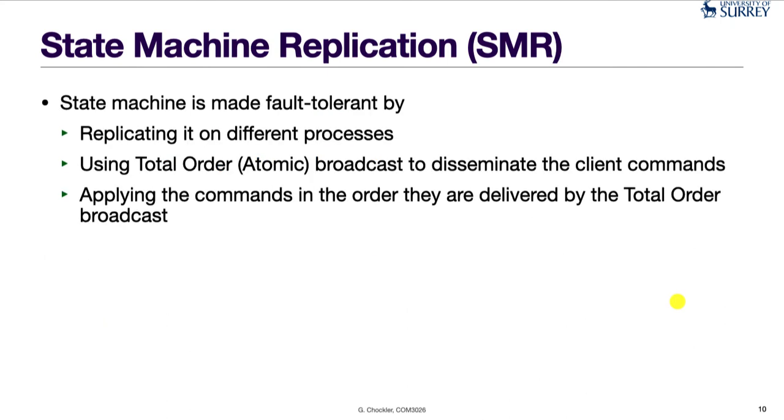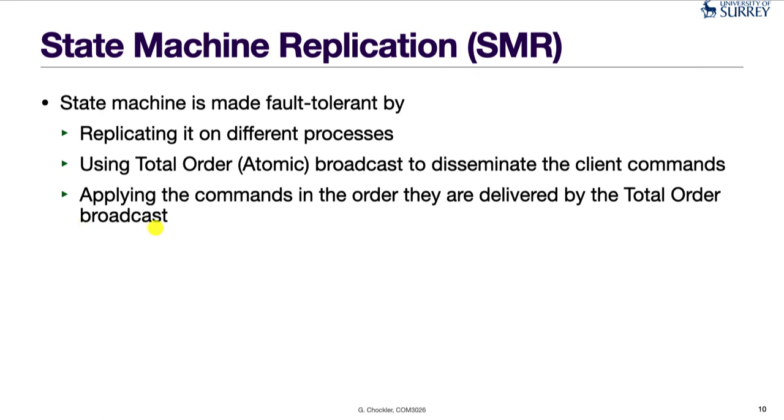To make a state machine fault-tolerant, we will replicate it on multiple processes and then use total order or atomic broadcast to disseminate the client commands. Then we will make sure that we apply the commands in the order that they are delivered by the total order broadcast layer.